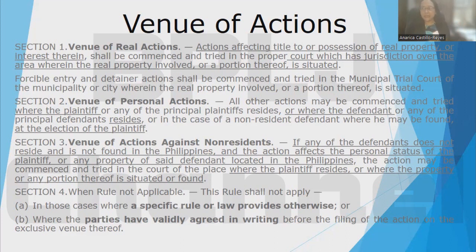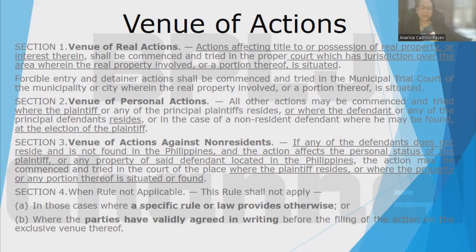Then in case the defendant is not a resident, the plaintiff may choose to file the case in the place where he resides or in the place where the property or any portion thereof is situated. So that is the rule regarding venue.